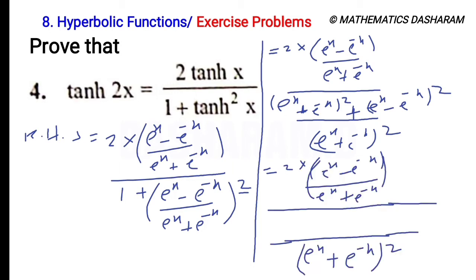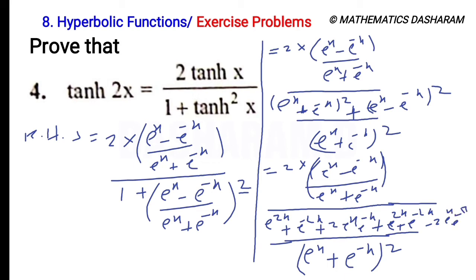so here apply the a plus b whole square formula. So (e to the power of x) whole square, that means e to the power of 2x, e to the power of minus 2x plus 2 into e to the power of x into e to the power of minus x, plus here a minus b whole square formula, e to the power of 2x plus e to the power of minus 2x minus 2 into e to the power of x into e to the power of minus x.